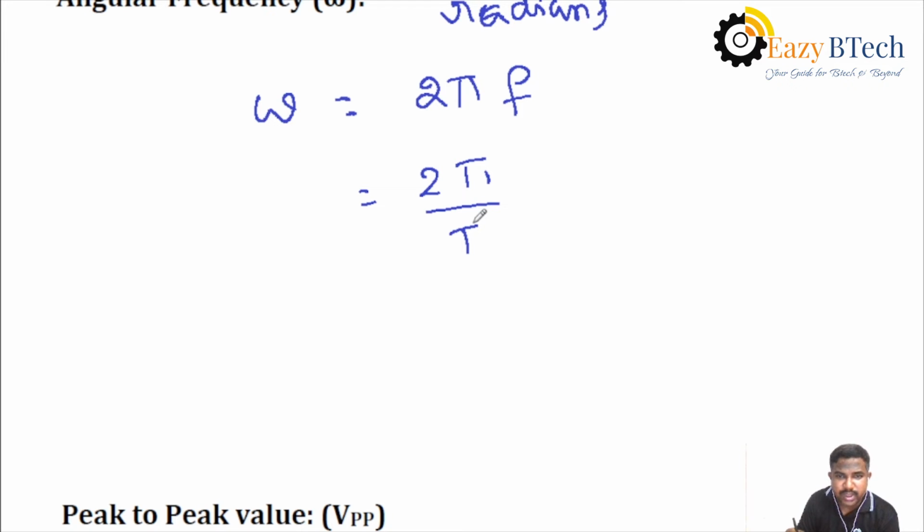The formula is omega equals 2 pi f, or 2 pi by T. It is represented in electrical radians, and that is called angular frequency: omega equals 2 pi f.